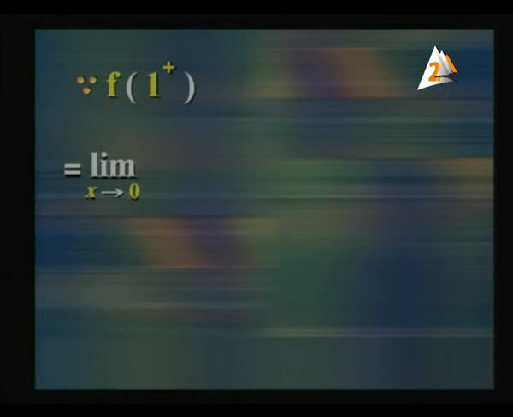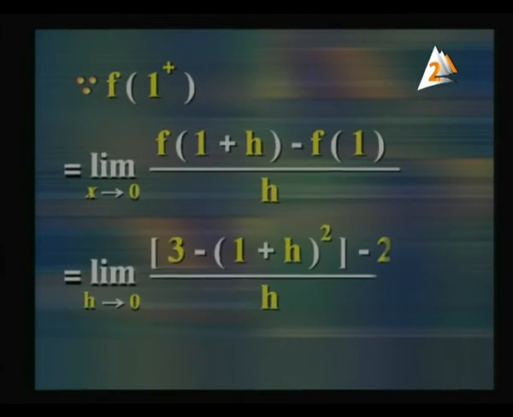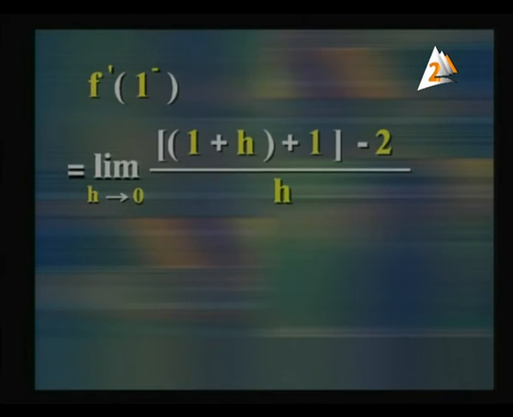Since f dash of 1 positive equals the limit as h tends to 0 of f of 1 plus h minus f of 1 over h, by substitution the limit equals 3 minus (1 plus h) to the power 2 minus 2 over h, which equals negative 2. f dash of 1 negative equals the limit as h tends to 0 of (1 plus h plus 1 minus 2) over h.